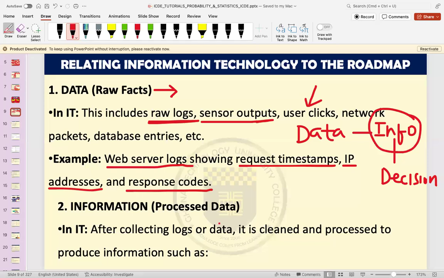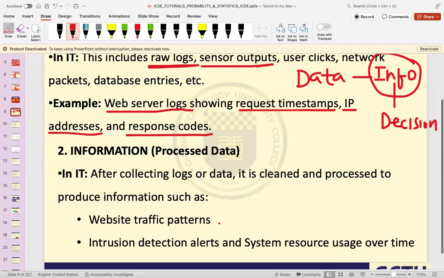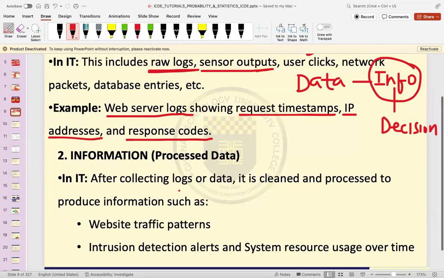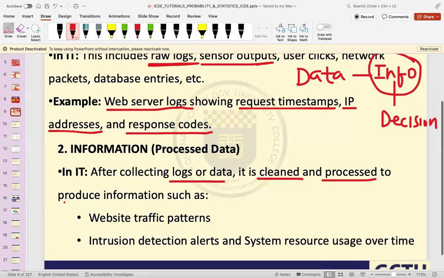This is the example I have given again. In IT, after collecting all these raw logs or data, you need a system to clean and process it. Once you clean and process the data, it will produce information. So you move from data to information.